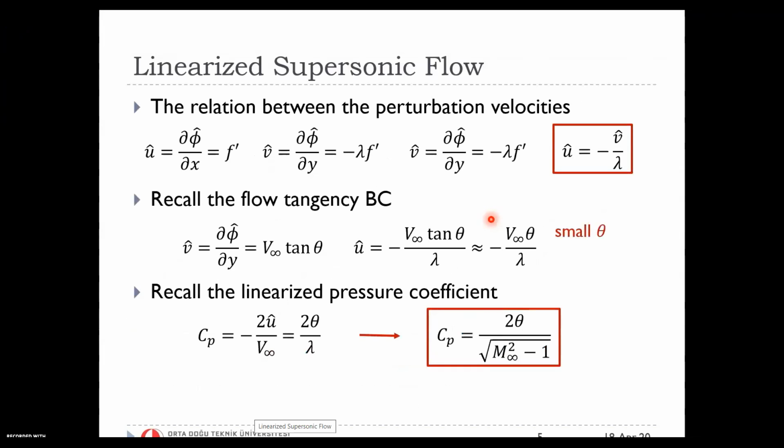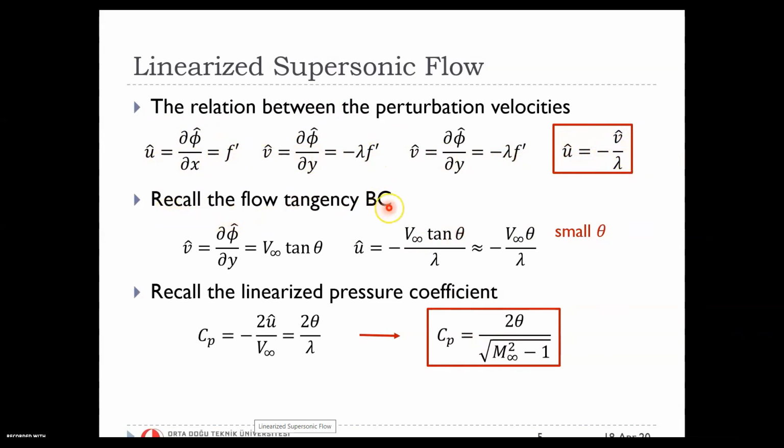Okay, let's look at the pressure coefficient now. In order to get the pressure coefficient in terms of the flow deviation angle, let's start with the perturbation velocities u hat and v hat, and represent them in terms of this function f. Then u hat is f prime, because it's d phi hat over dx, and v hat is likewise d phi hat over dy, which is lambda times f prime. Using these two expressions, u hat is minus v hat over lambda.